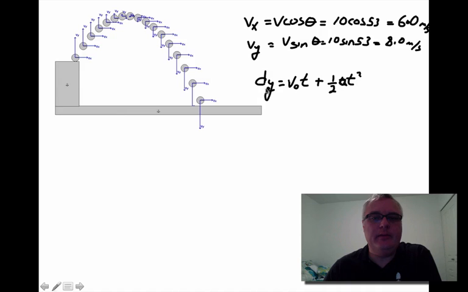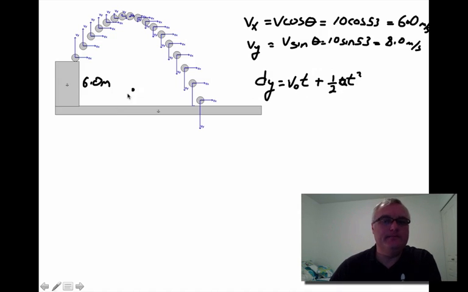In the second type, the displacement was 0. Both of those quantities are not 0 in this case, right? There's obviously an initial y component, and the vertical displacement, like we said, is the 6 meters that it travels downwards. So this equation has to be solved as if it was a quadratic equation. That means using the quadratic formula.